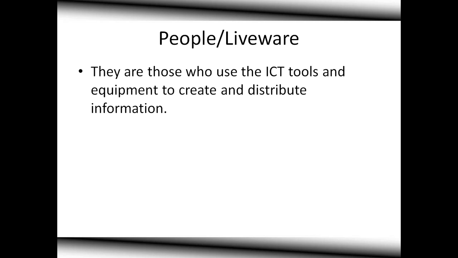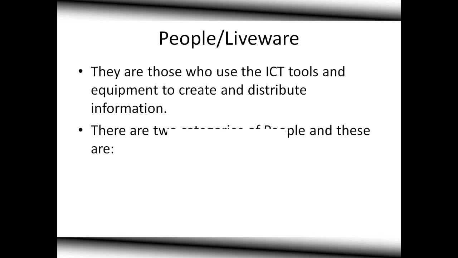Without them, the other components are irrelevant. They are very important, because first of all they will acquire the data for the other components to work with, and then when the information is produced, the information is also given back to them, and then if they so like it, they will share that information with other people. So people are a very important component of the information system.